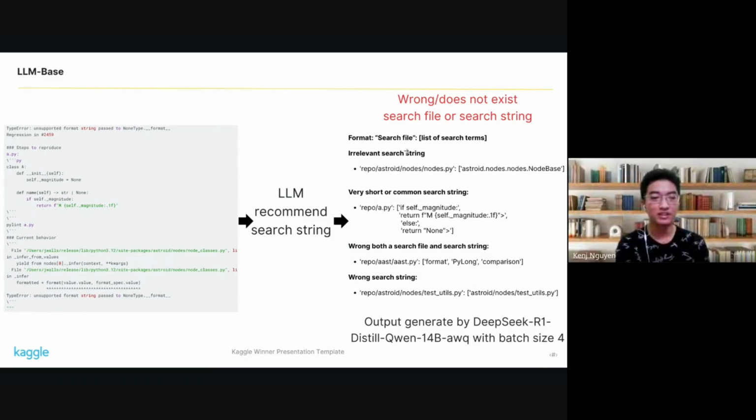Here you can see it returns a wrong term that actually never exists in the actual repo, or returns a very short or common string like 'LL', or returns none. I'm sure with these terms we can never find the correct place where the code needs a fix.